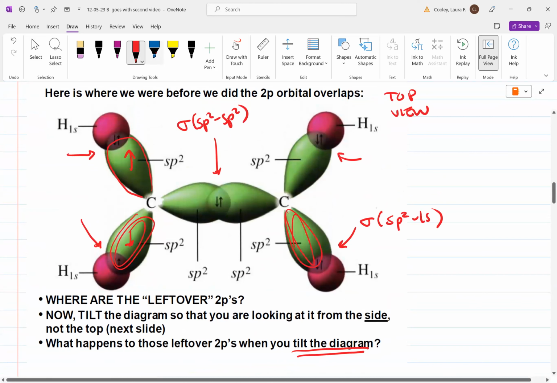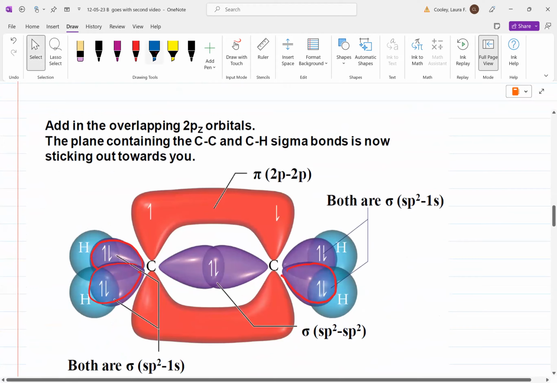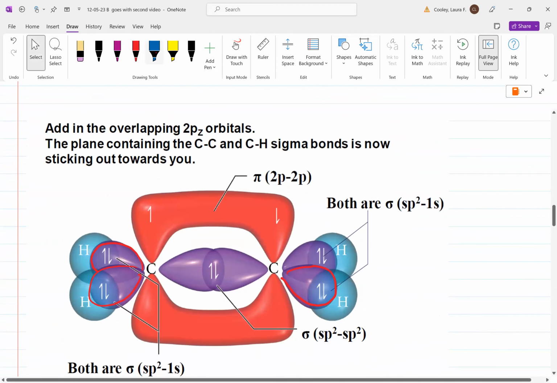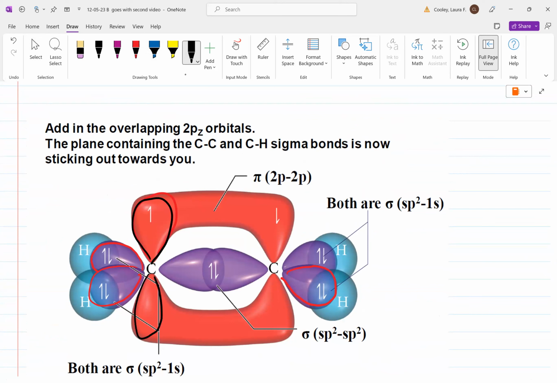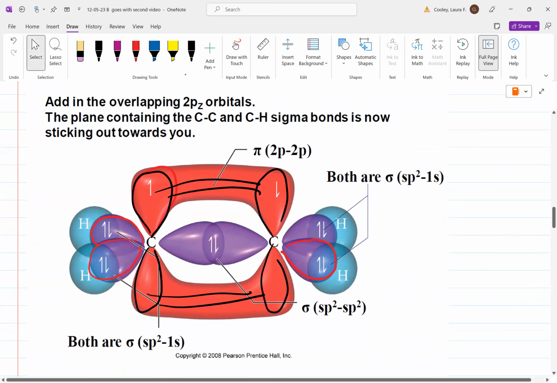These are coming forward. And you tilt it, and now you can see where the 2p's are. And they draw it like this just to emphasize the overlap. But it's as if you had a 2p here and a 2p here, and this is the overlap. But they draw it in this way that shows the mushiness of the electron clouds.